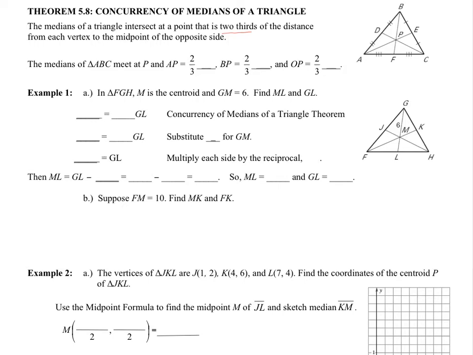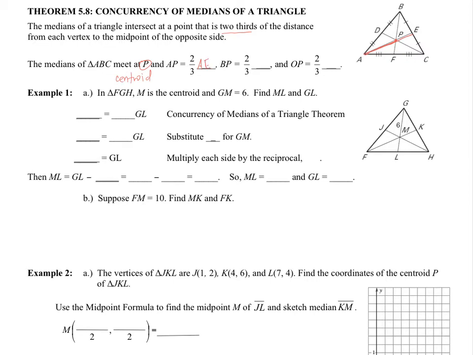So what this means is that the medians of triangle ABC here will meet at P, which we call the centroid, and AP will be 2/3 of the length of the entire median AE. And the same would hold true for the other 2.